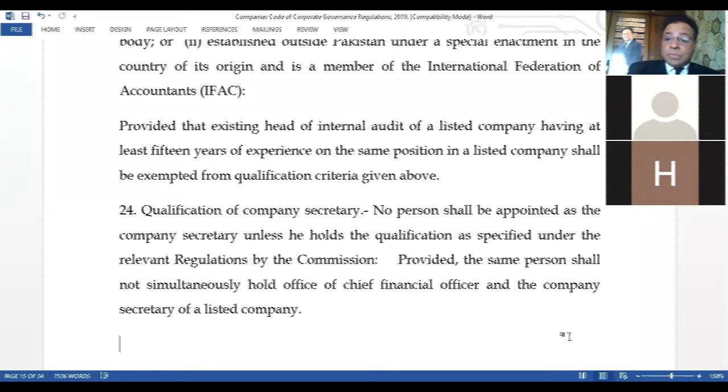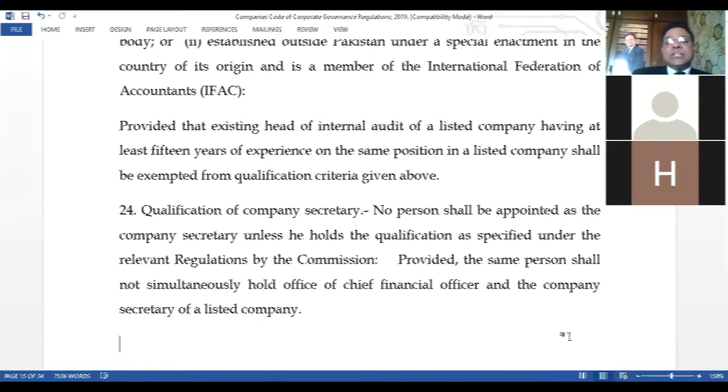Absolutely right. So whereas the qualification criteria is given, there is also an embargo, a limitation, that the company secretary cannot be the chief financial officer of the company.